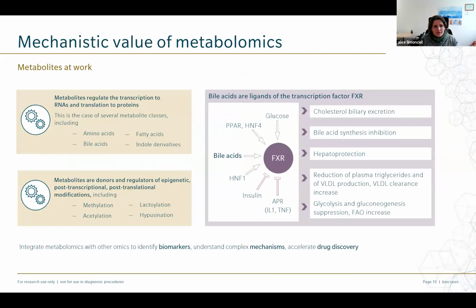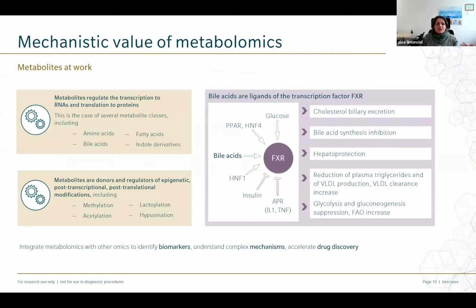And this is your multiomics analysis. So before we go to the examples, another interesting addition brought by metabolomics is that metabolites are really quite active molecules, and they deeply influence the other omics.